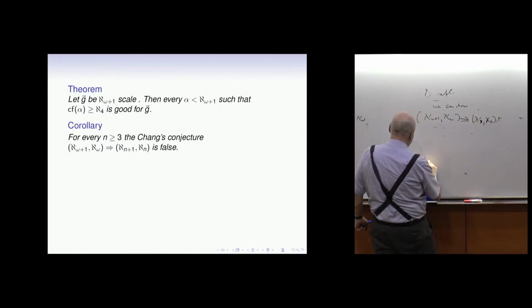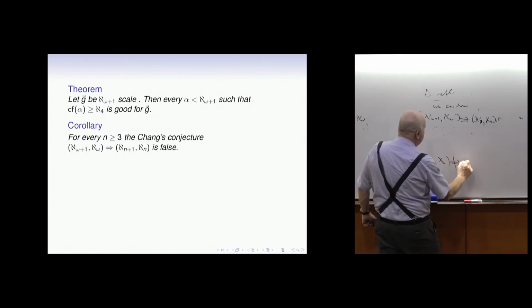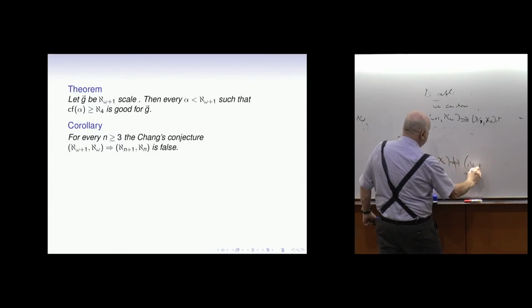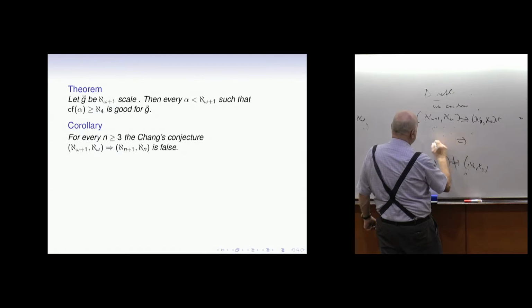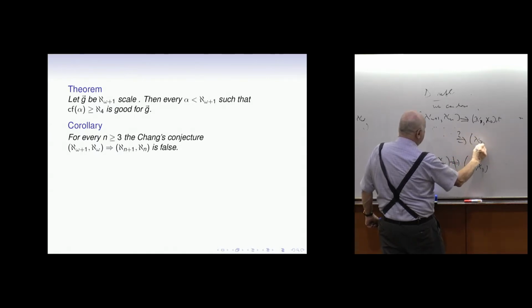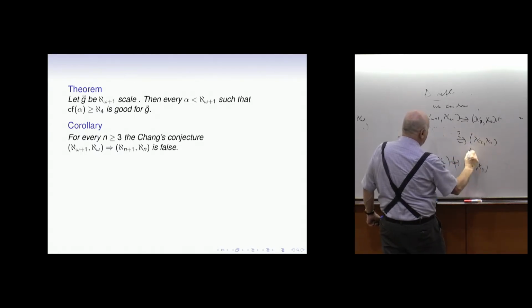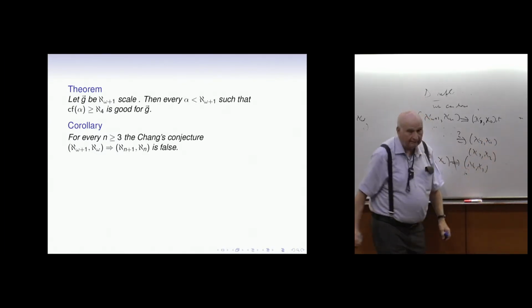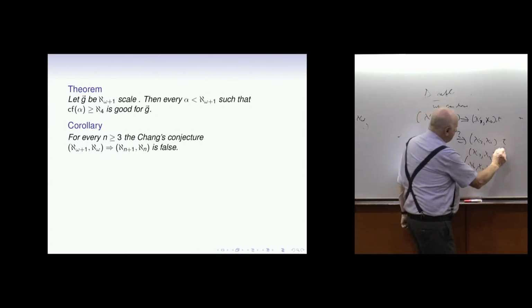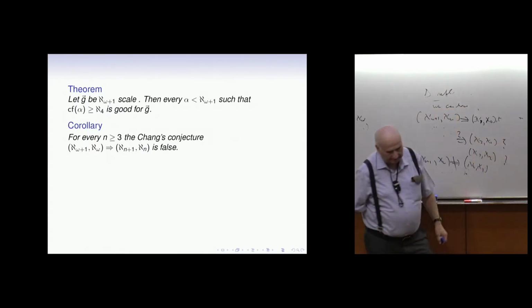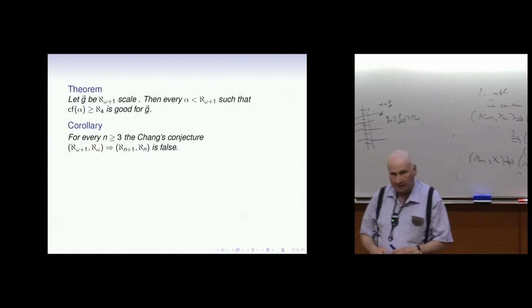Cannot have Aleph 4, Aleph 3, this is already impossible. Well, still there is possibility: what about Aleph 2, Aleph 1, or Aleph 3, Aleph 2? That's open. It's very, very likely that you cannot have that as well.